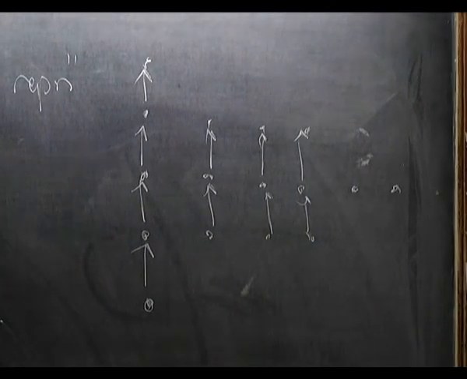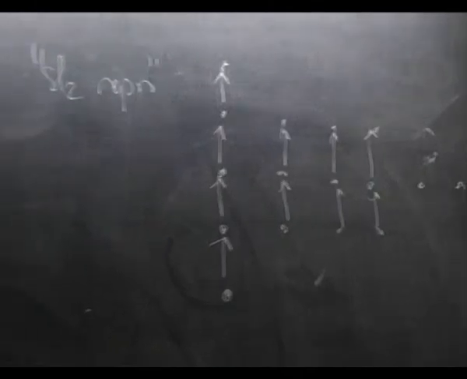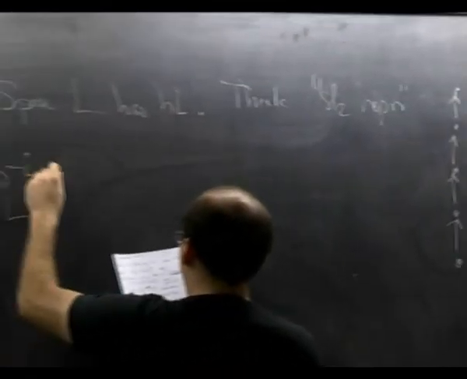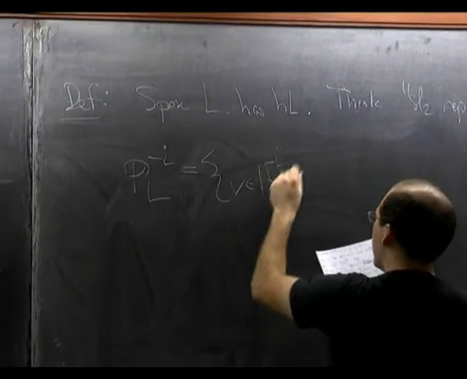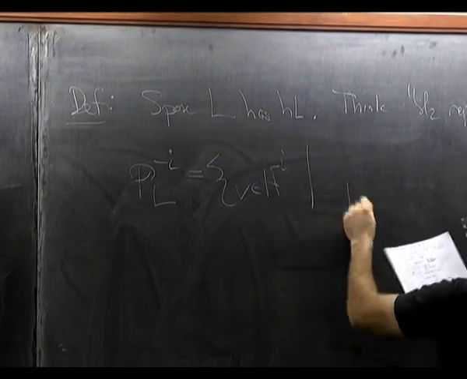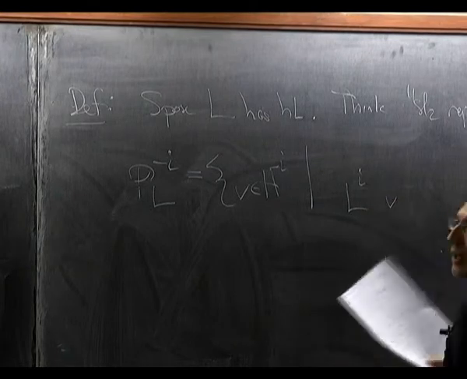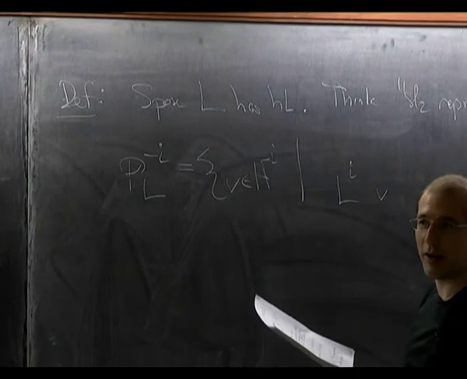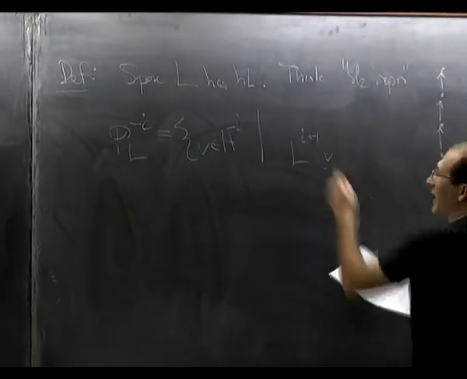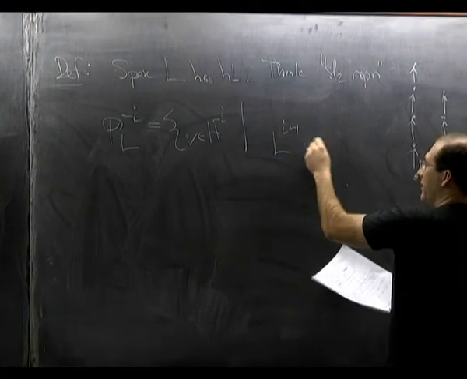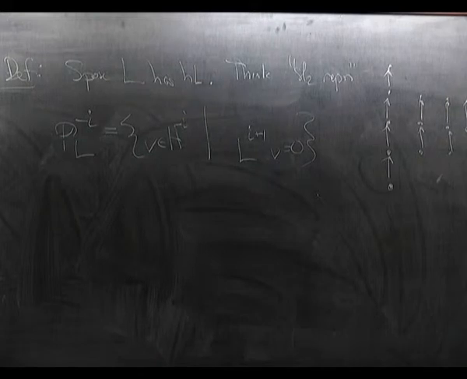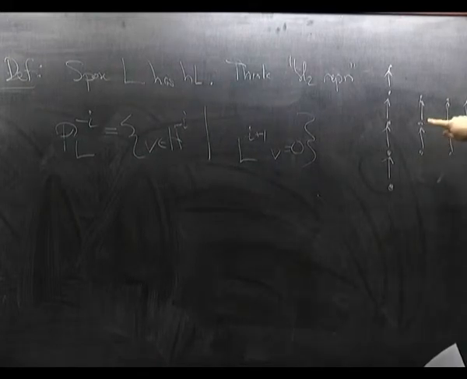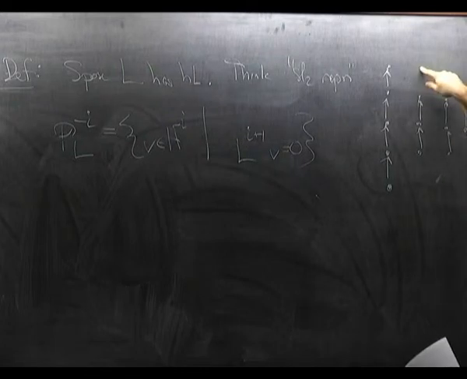Okay? So let the primitive space in degree minus i be the elements in degree minus i such that, if we apply L^i v, we get something non-zero by hard Lefschetz. But if we apply it one more time, we might get something 0. Okay? So looking in degree minus 2 here, if we start with this guy and we apply L squared, and then one more time we get 0.